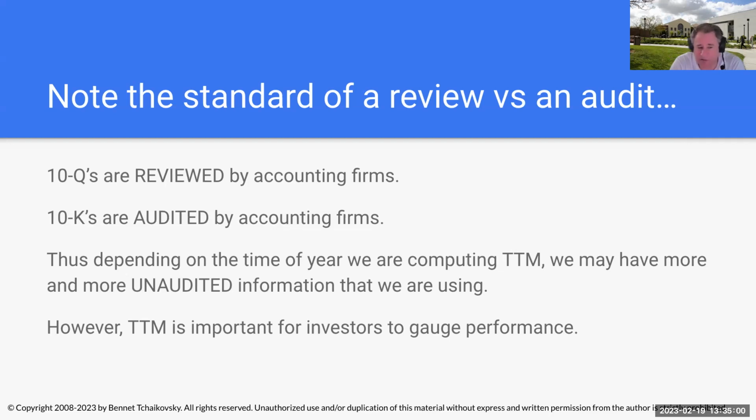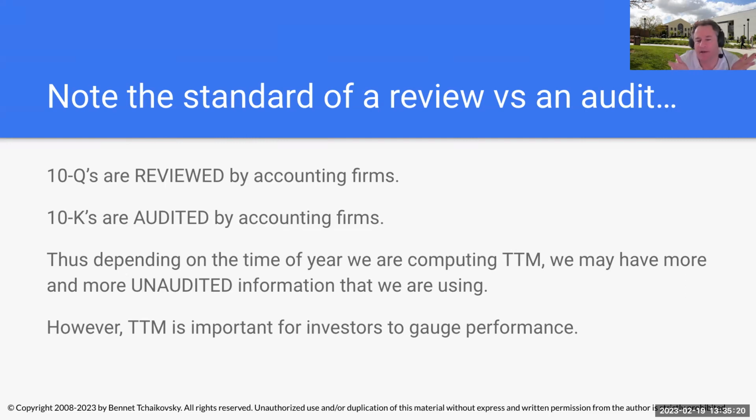If you want the highest level, you'd want an audited financial statement. However, if publicly traded companies had to have audited financial statements every single quarter, that would probably drive the accounting staff nuts, and we don't want to see that happen.